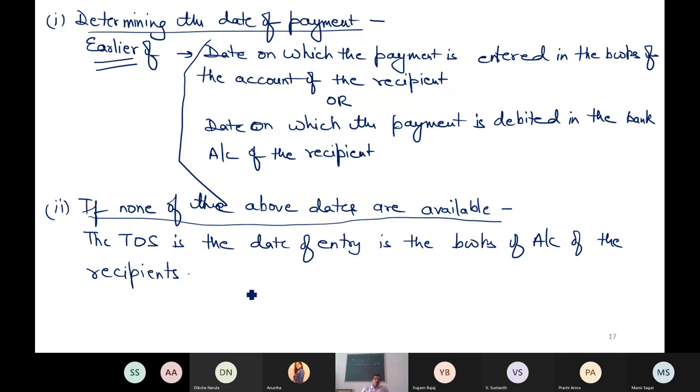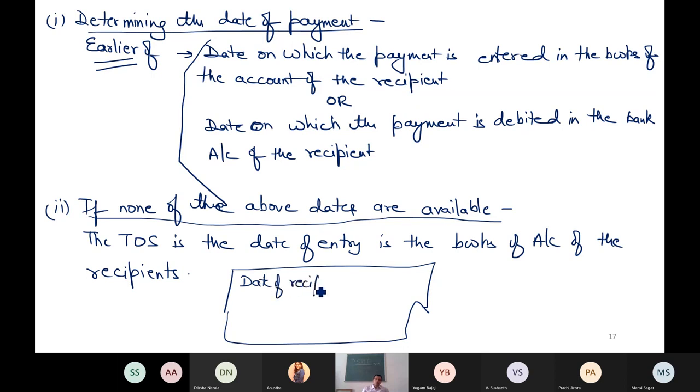That means suppose you do not know the date of receipt of goods. As a recipient, you don't know when you have received the goods. You don't know when you have made the payment. You don't know about the invoice issued by the supplier. Suppose the invoice has not been issued by the supplier.